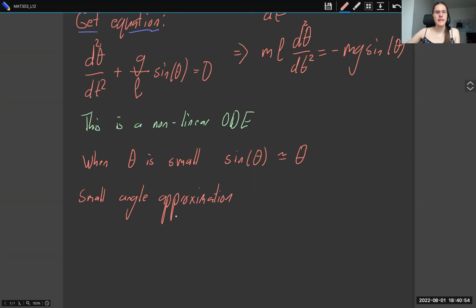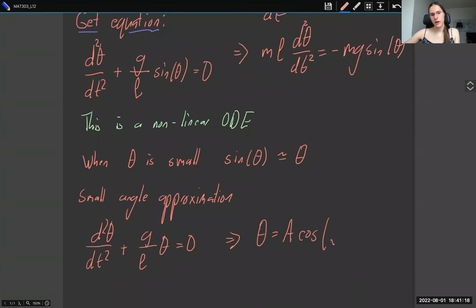is going to be that d squared theta/dt squared plus g over L theta is equal to 0. And this gives solutions that theta is equal to, let's say, amplitude times cosine of the square root of g over L t plus delta.